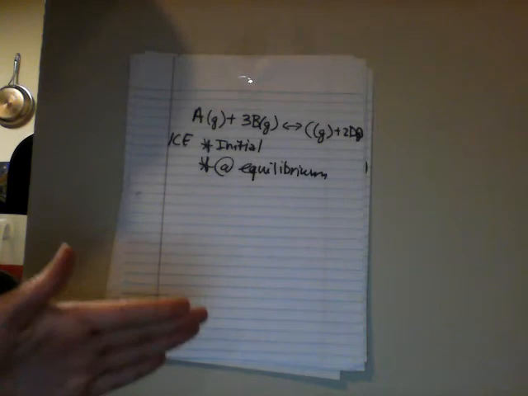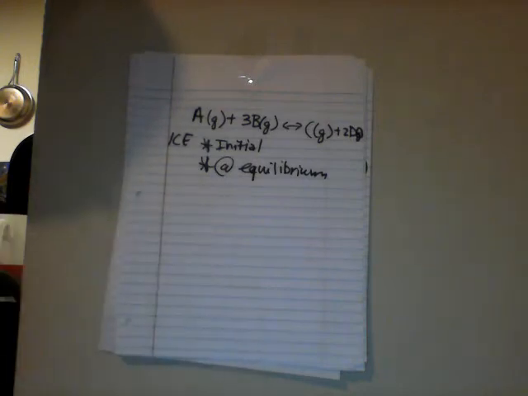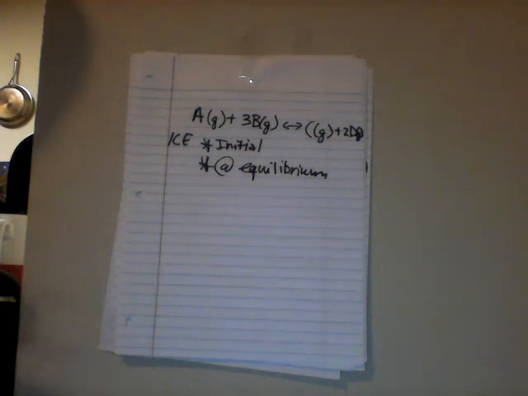I have this many moles initially, and then at equilibrium, I have another amount of moles. So that was my big indication. These are the two big words that you're going to be seeing. Think of seeing initial values, and then at equilibrium, we're going to have a different value.